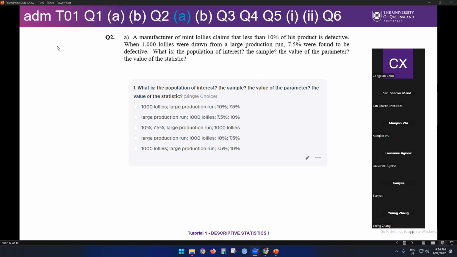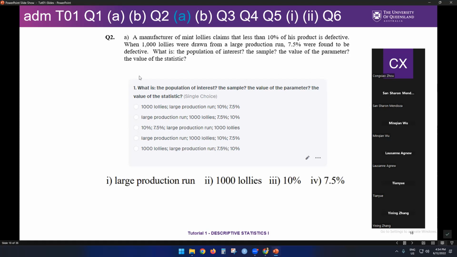So the poll's been open for 2 minutes. I will end the poll and share the results with you so you can see. We had 4 choices of answers in there. I will show the correct answer.